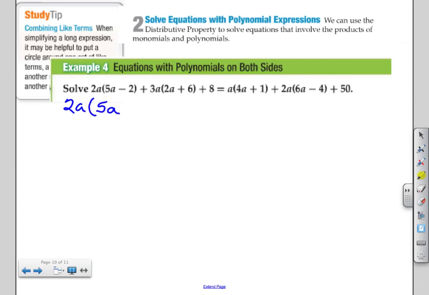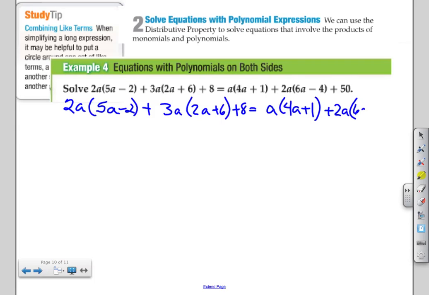Okay, we're going to distribute like crazy. So we're going to start with writing our problem so we see what we have. We have 2a(5a minus 2) plus 3a(2a plus 6) plus 8, and that's equal to a(4a plus 1) plus 2a(6a minus 4) plus 5.